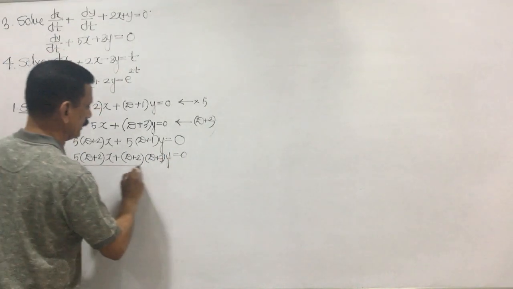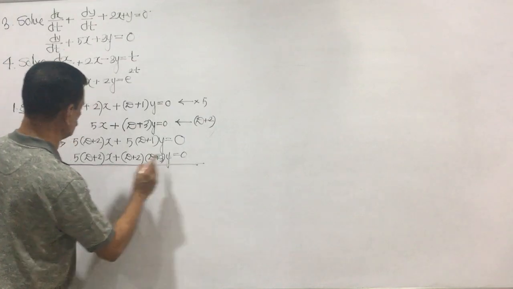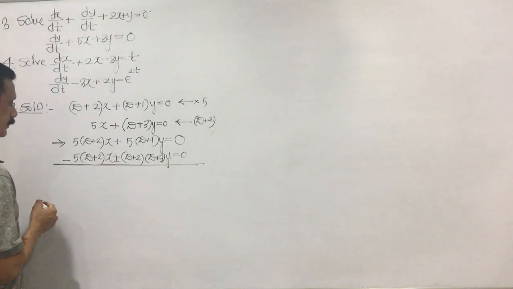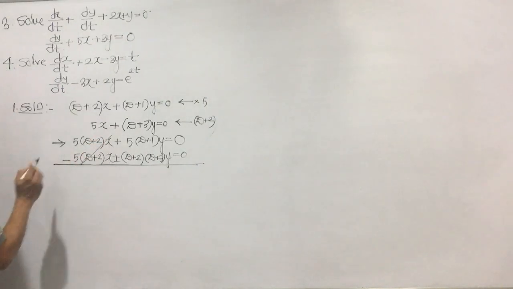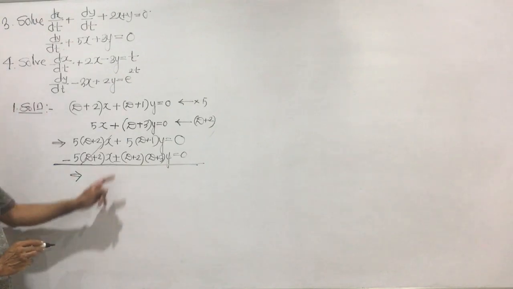Let us eliminate, which means we subtract here. So subtracting the two equations, this is minus, here we have 0, so not necessary to change. So this gets cancelled.